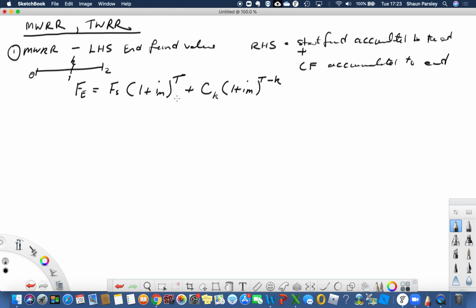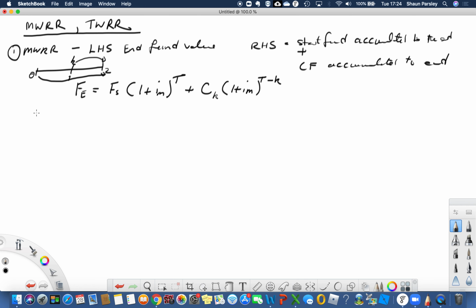You can see that the start fund accumulates for 2 years, whereas this cash flow C1 does 2 minus 1, so it'll be 1 year accumulated. That accumulates the cash flow to there, whereas the start fund goes all the way to there. Okay, right, so you can see this is pretty simple.